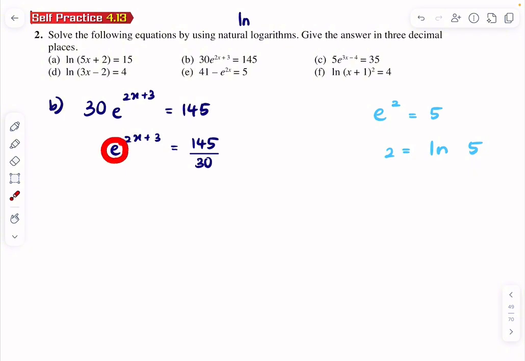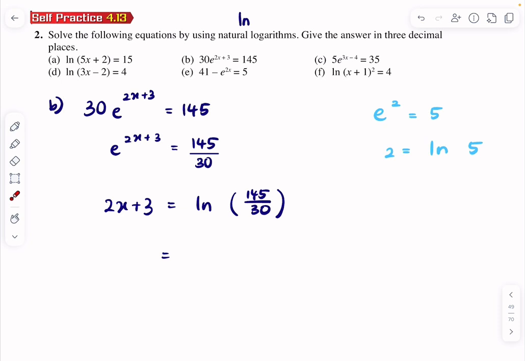So e, when we move here, it becomes log base e of 145 over 30. Then this power drops down to become whole numbers, 2x + 3. Log base e we can write as ln, because the question says we have to use natural log.